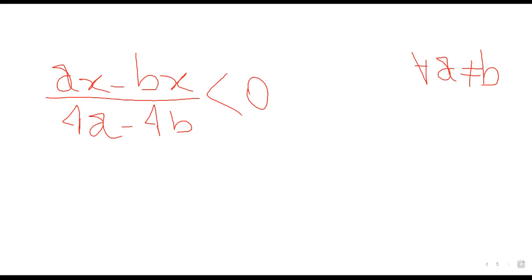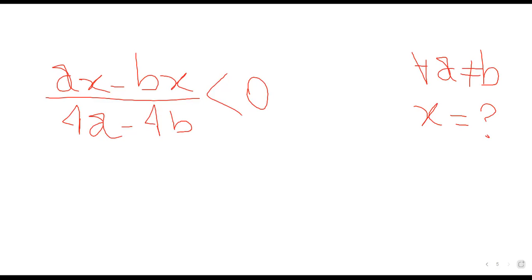Which of the following describes the complete set of x values that make the inequality true? I am not going to read the options, because you will have to solve that, or we will solve that together. So let's see how you can solve this. You are looking for x.